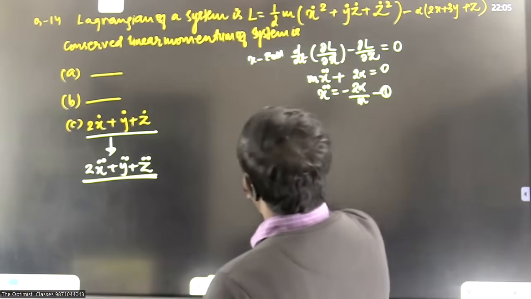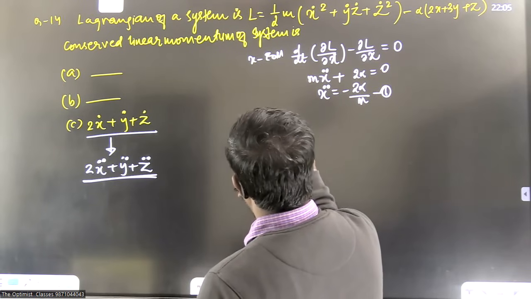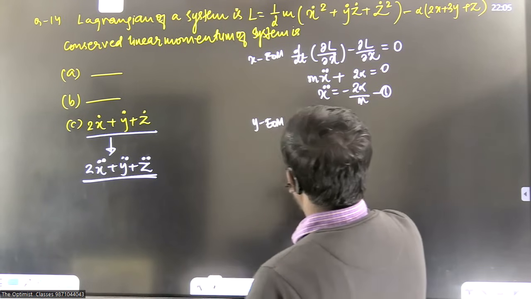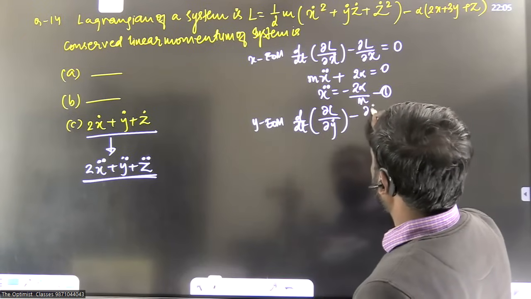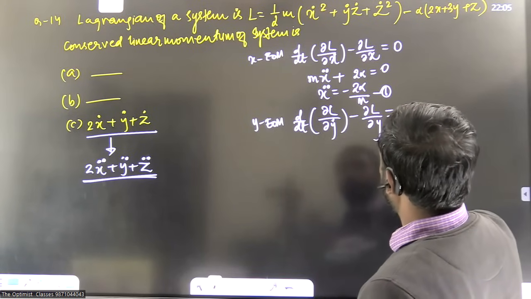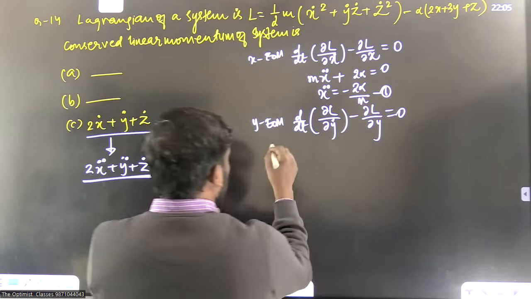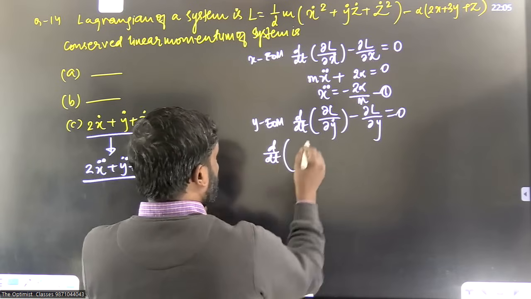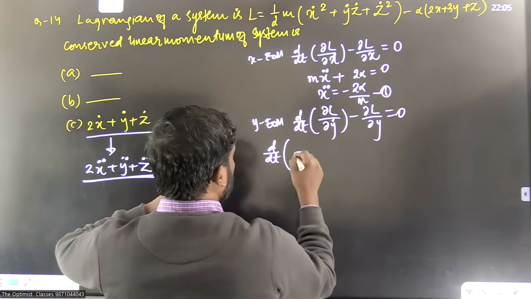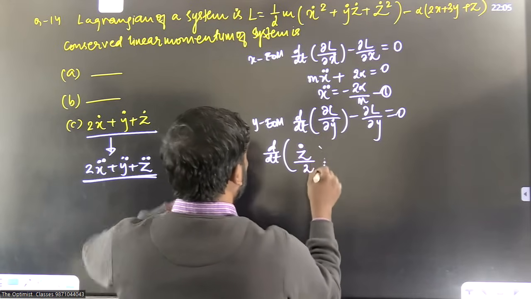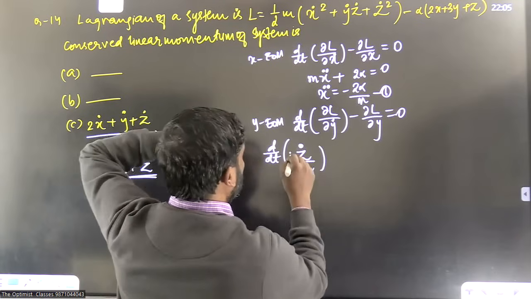Now similarly, the y equation of motion, we will get d/dt of del L by del y dot minus del L by del y equal to 0. Now let's differentiate with respect to y dot. When you differentiate with respect to y dot, you get here z dot divided by 2, and m also, obviously.